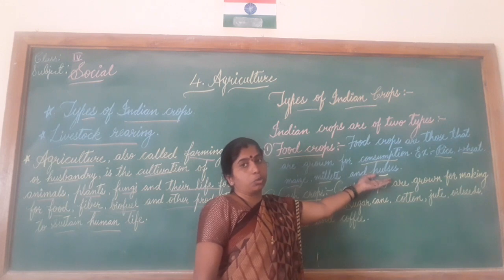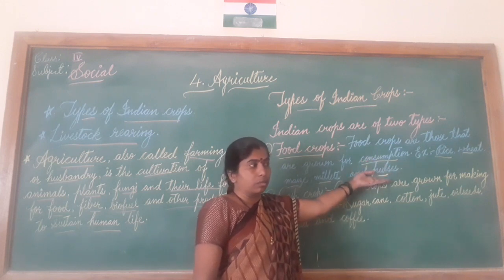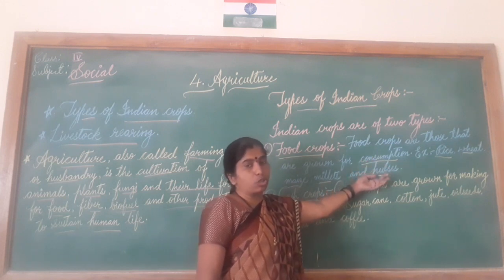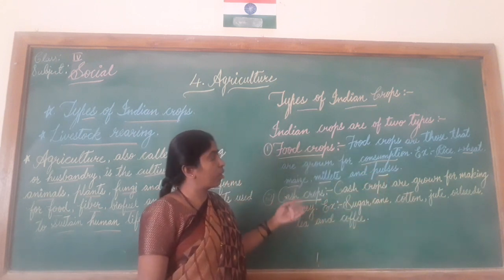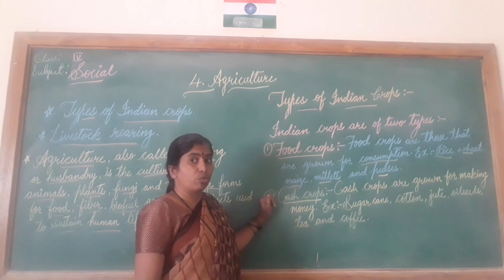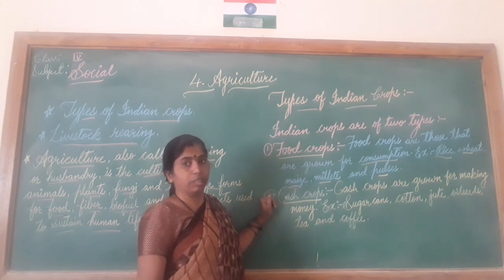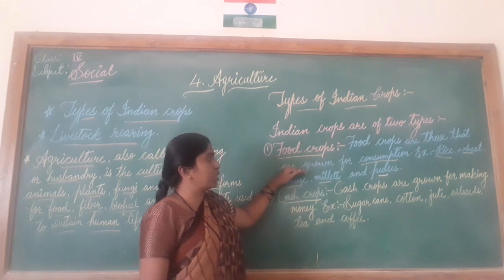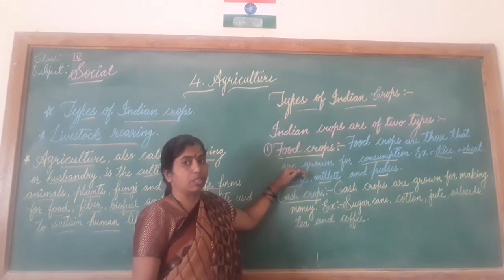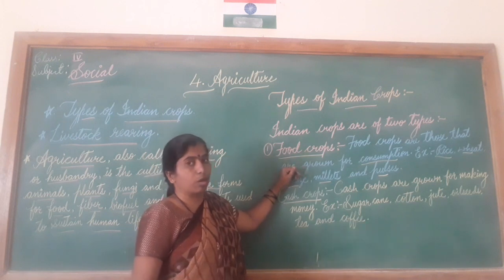Pulses are tur dal, black grams and green grams. These we need in our daily life. So these are the food crops which are grown for consumption. Crops which are grown to be eaten are called food crops.